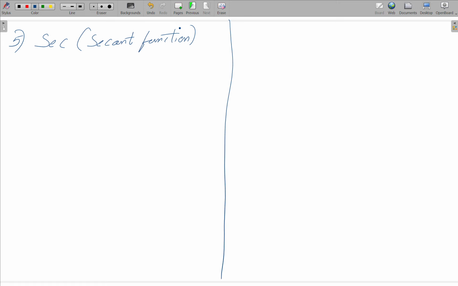Fifth one, secant function. Let f of x is equal to sec x, or y is equal to sec x.